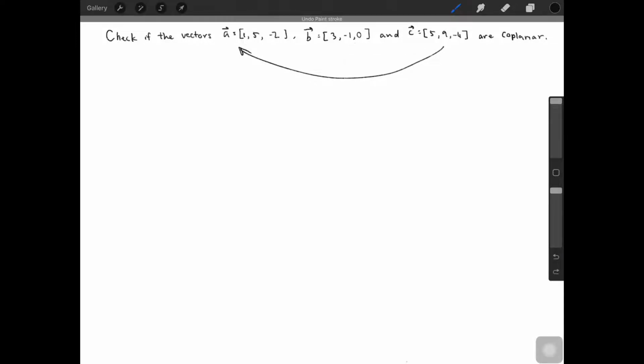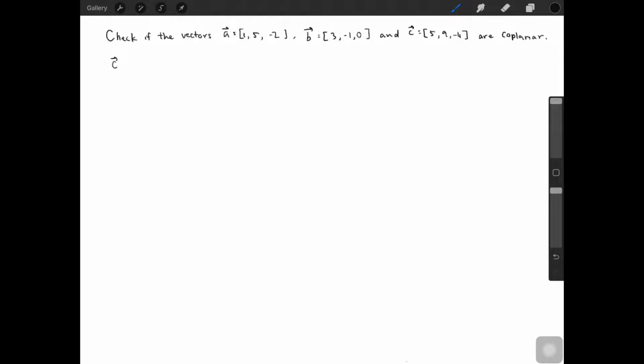Okay, so let's start. C is equal to KA plus MB. So we have two constants here, just so they will multiply with the vector, and we can find C. Okay, so let's put it in numbers so that we can look at it more clearly.